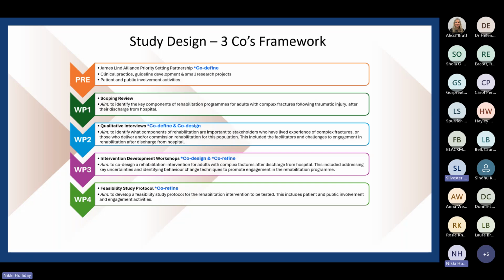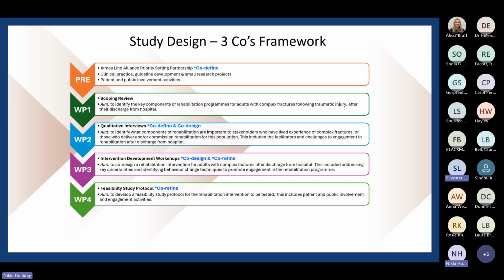So this is my study. The co-design part was partly done prior to me starting my PhD, and then has obviously continued. There was a James Lind Alliance Priority Setting Partnership, which you may or may not have heard of.